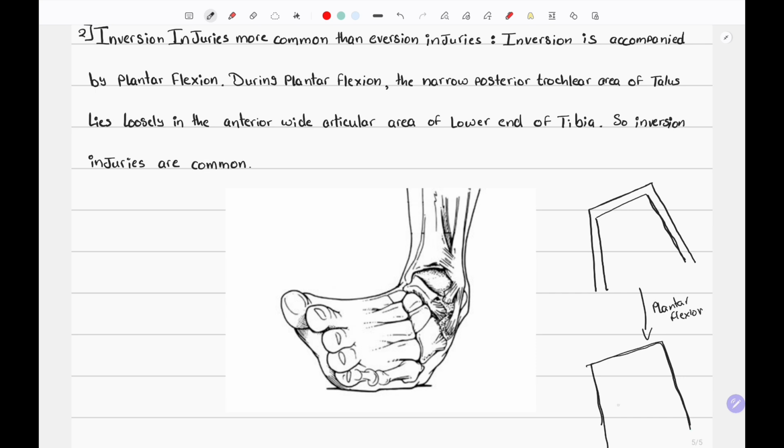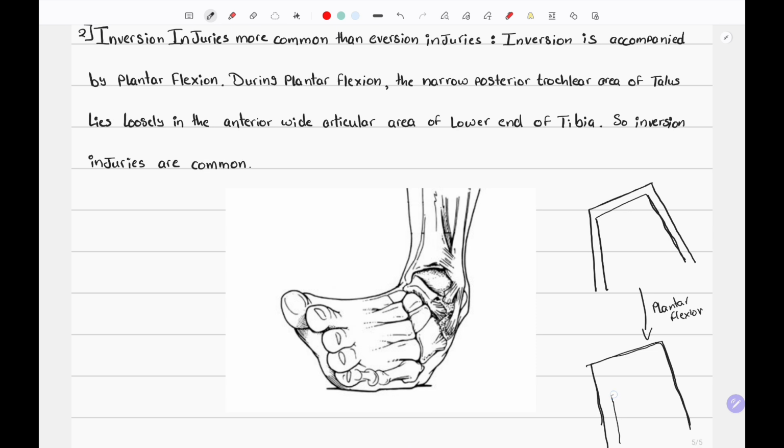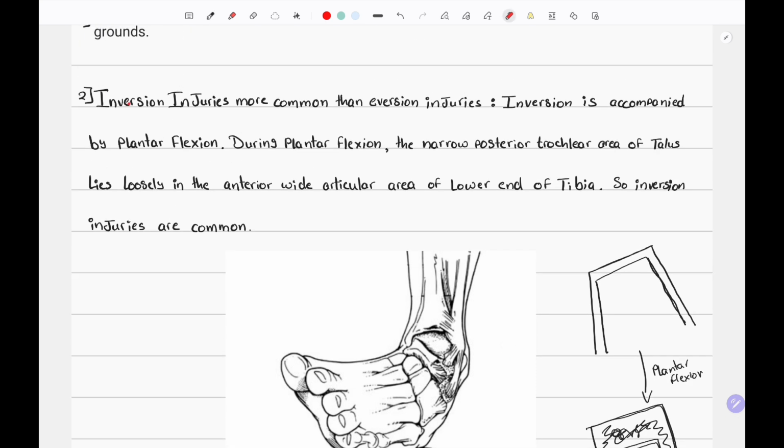What changes is that the narrow posterior surface now sits in this mortise, creating an extra range of movement. And that is why, from this extra range of movement, inversion injuries are more common than eversion injuries.